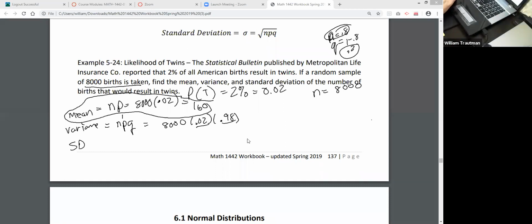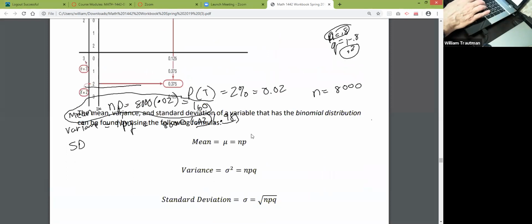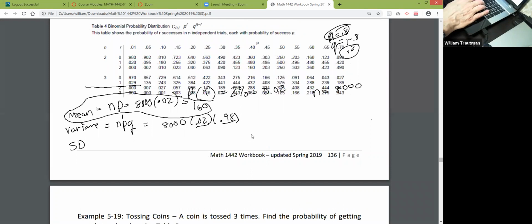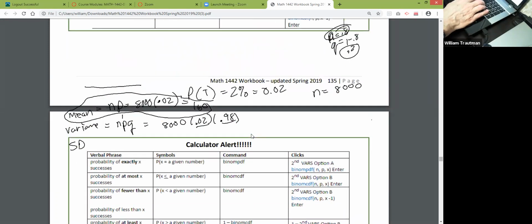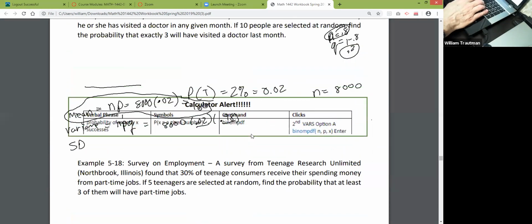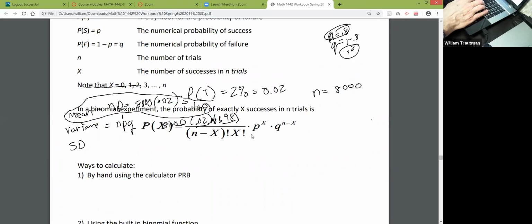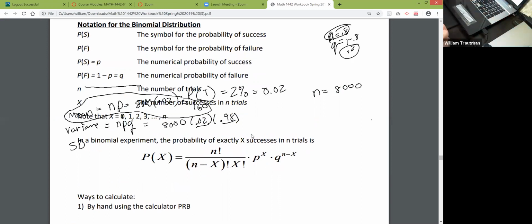I want to take you back up here. I thought we talked about that up here somewhere. Yeah, we did. Q is a failure.